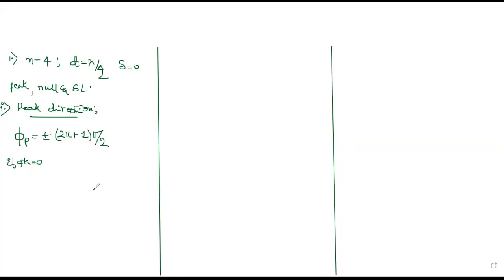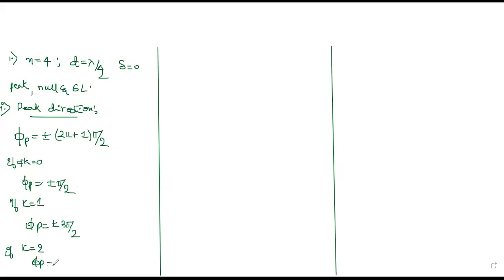So you can directly write. So that is phi p is equal to, if you substitute 0 here, 2 into 0, the value you get is plus or minus pi by 2. Similarly, if k is equal to 1, substitute 1 here, it is 2 plus 1, 3. So phi p will be plus or minus 3 pi by 2. Since delta is equal to 0, you will be getting the values of peak direction in this form itself.